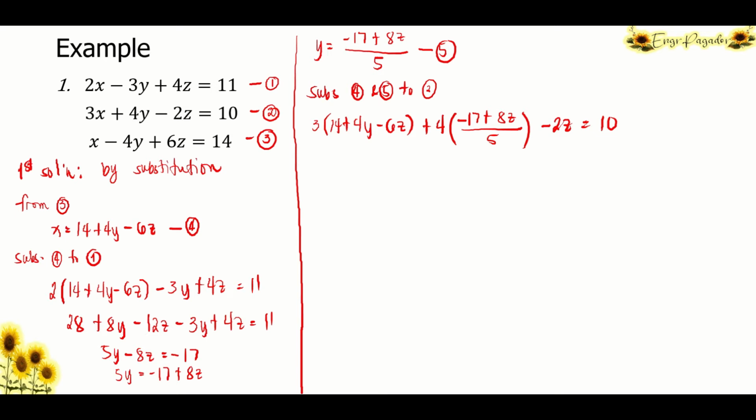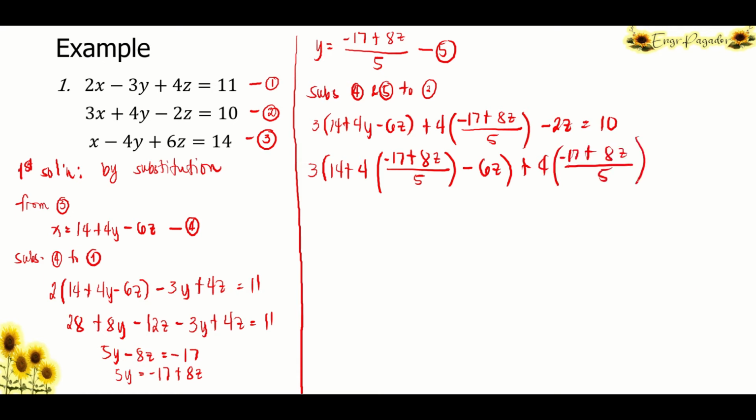Okay? So, dito, meron pa tayong y dito, which is equation number 5. So, substitute ulit natin sa equation number 5 dito. So, 3 times 14 plus 4 multiplied by negative 17 plus 8z all over 5 minus 6z plus 4 times negative 17 plus 8z over 5, and then minus 2z equal to 10.